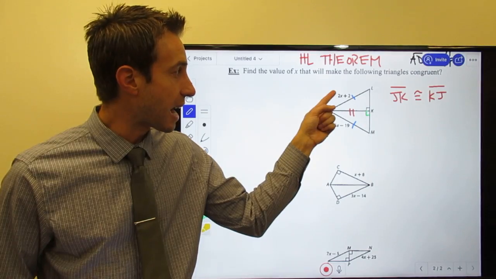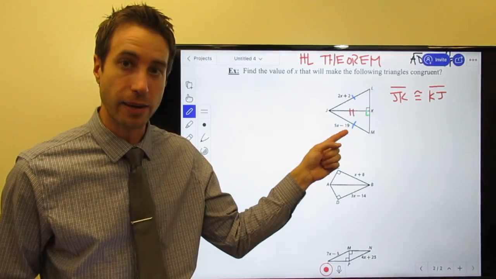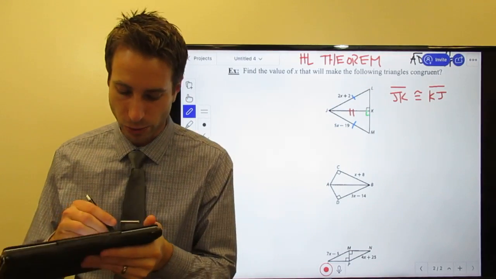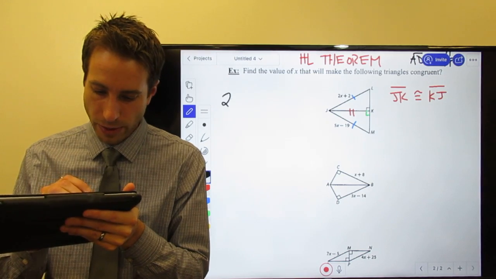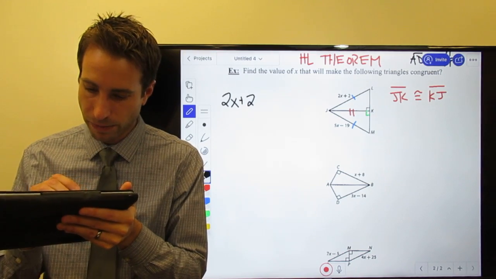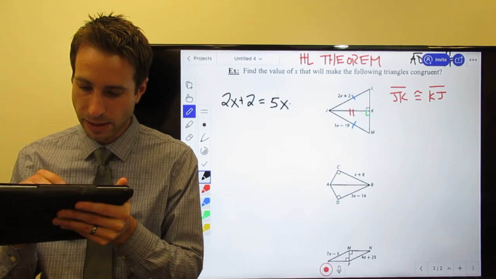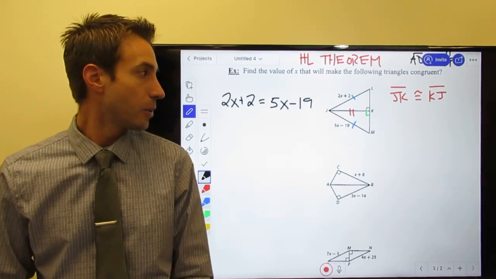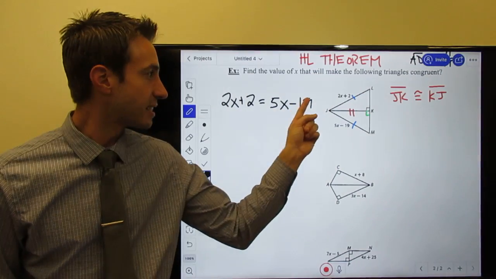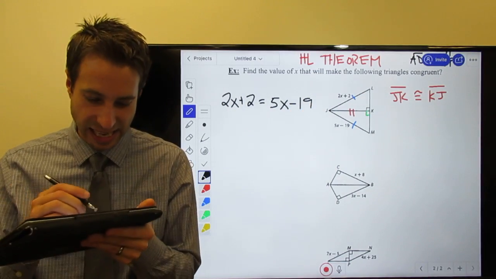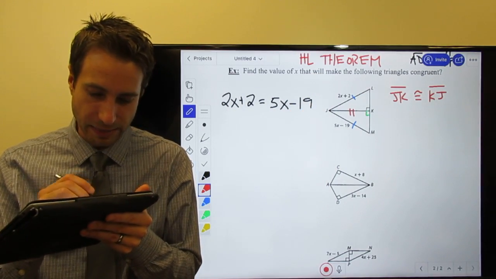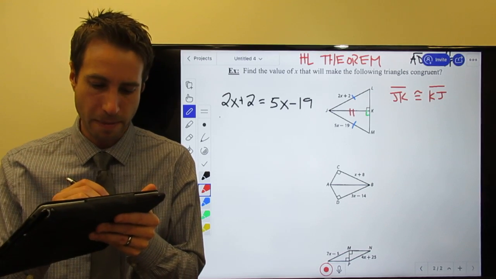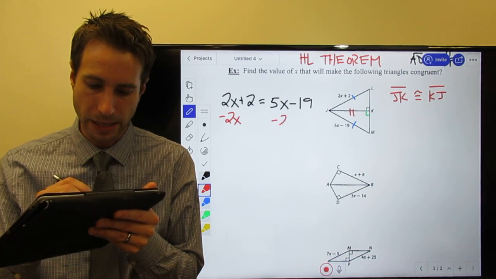If I need this side to be equal to this side, set them equal to each other. 2x plus 2 equals 5x minus 19. Let's do a little bit of simple algebra. I'll subtract the 2x from this side and add the 19 to this side. Minus 2x, minus 2x.